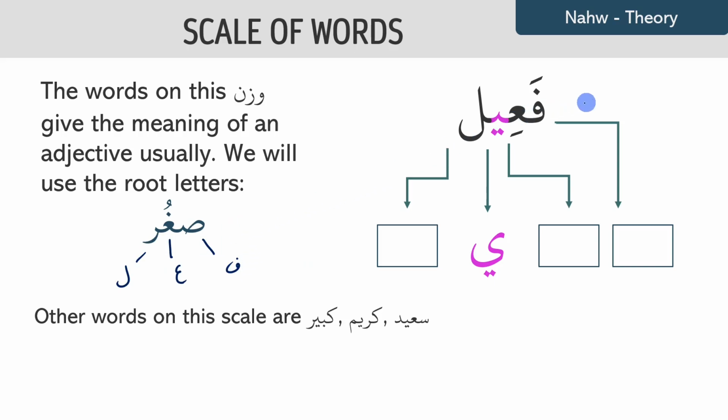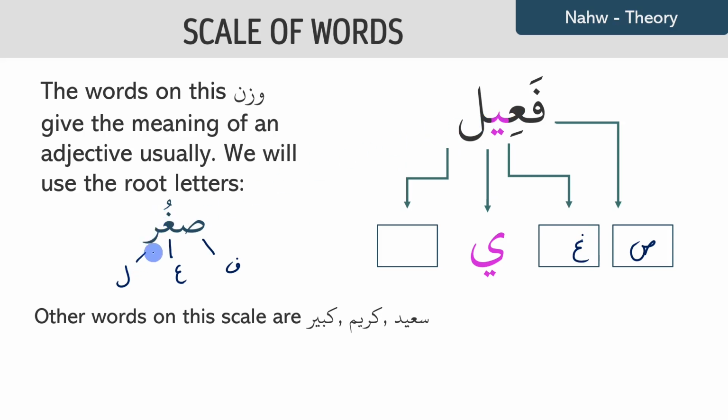Now wherever you have the fa in the fa'ilun, you're going to replace it with the first root letter that we're using. So the sad, which is the first root letter, will replace the fa in the template. So we're going to put a sad here. The ghain, which is the ain kalima, will replace the ain in the template, which is going to be a ghain over here.